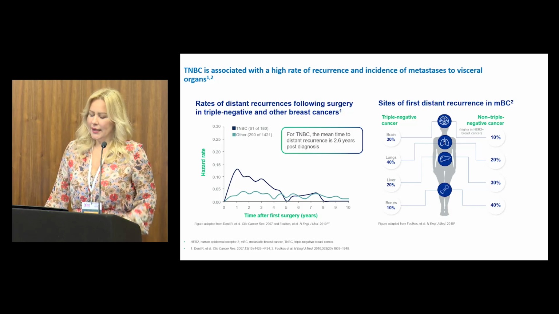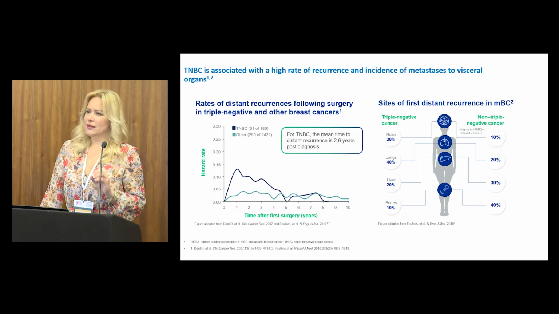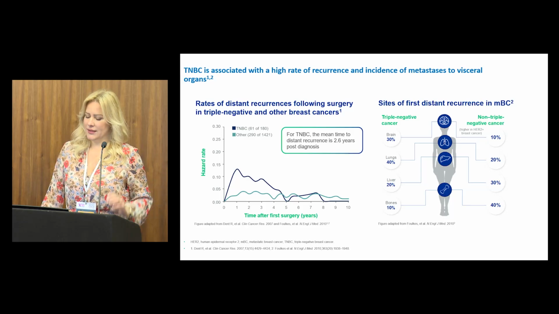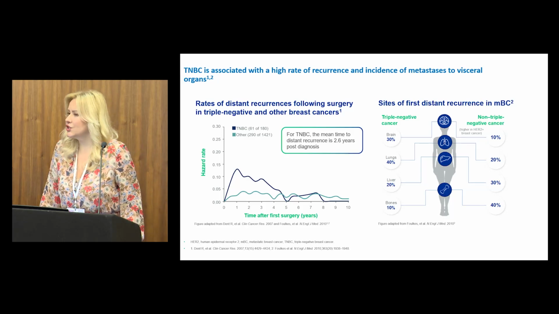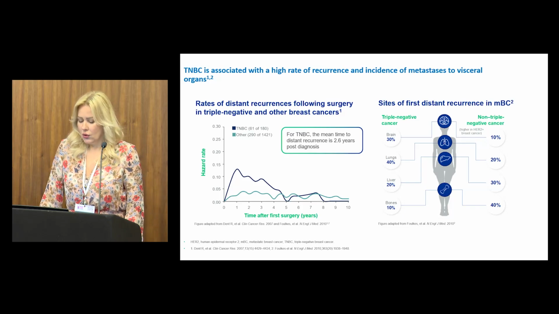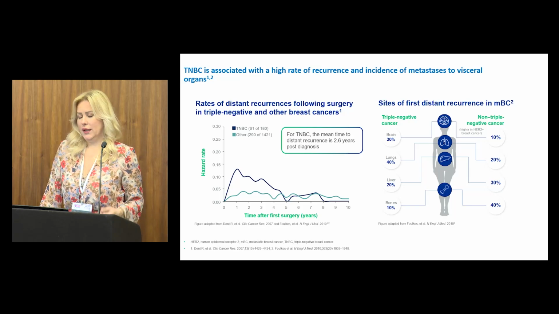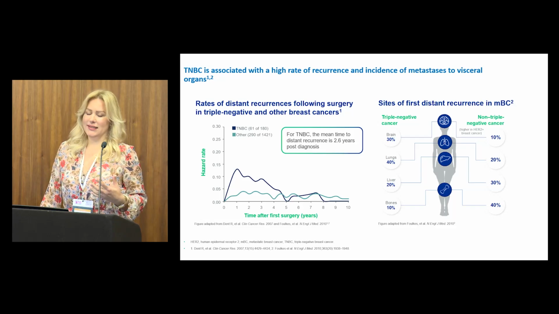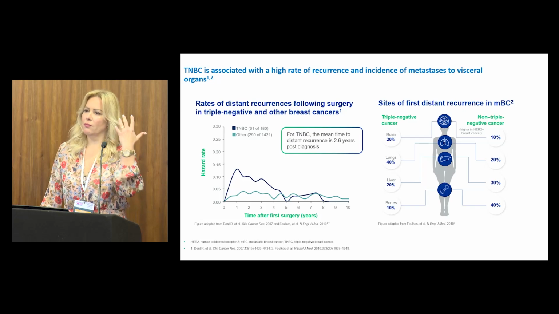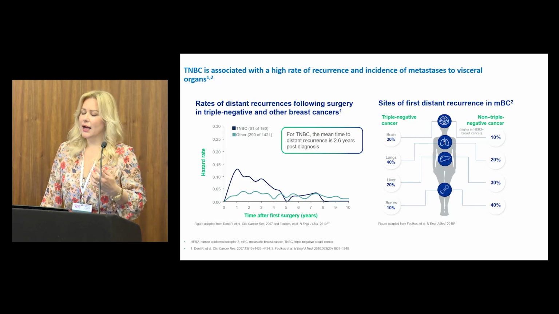Anyway, the sites of distant recurrence are also different in triple-negative breast cancer patients compared to patients with HR-positive, hormone-sensitive breast cancer. In triple-negative cancers, we have a higher risk of recurrence to the liver, the lungs, and the brain, so central nervous system involvement, brain metastases, are higher.